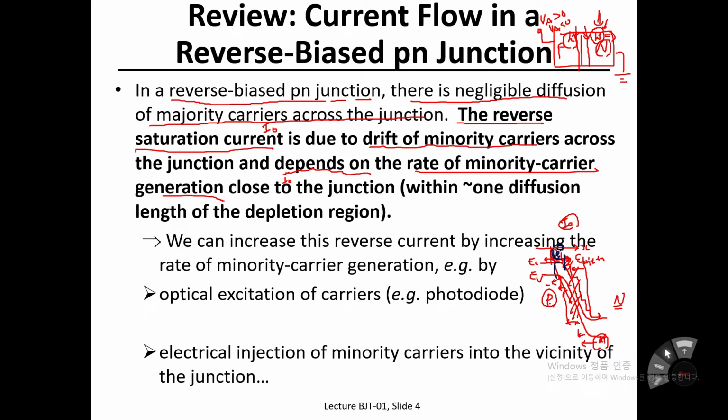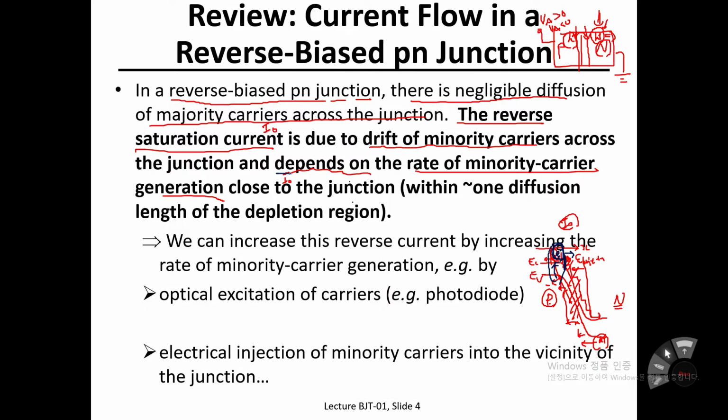These thermally created electrons would be injected into the depletion layer, and that would be the physical origin of saturation current. So this generation rate of minority carriers close to the junction region is the key driver in determining the saturation current in a PN diode.